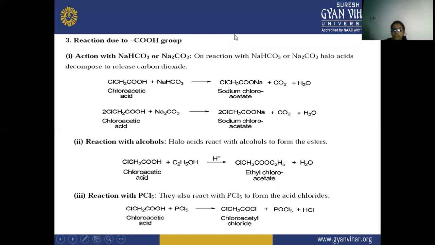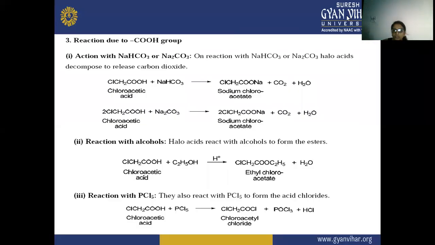So thirdly is the reaction due to the COOH group. The first reaction due to the COOH group is the reaction with NaHCO3, that is sodium bicarbonate, or sodium carbonate.